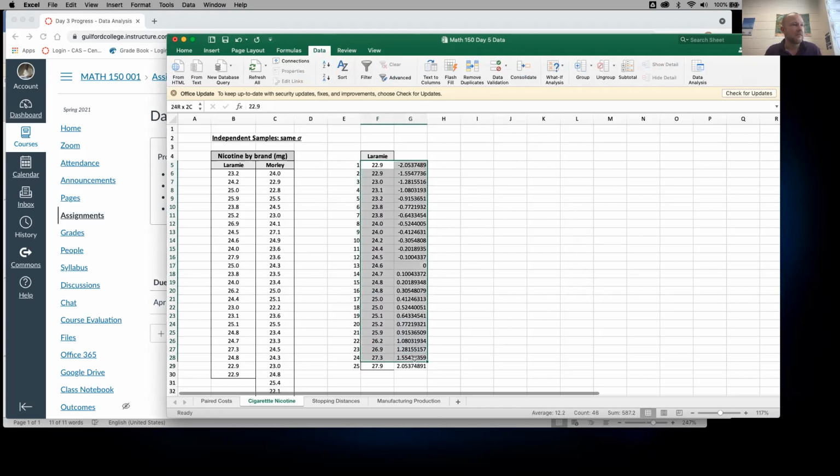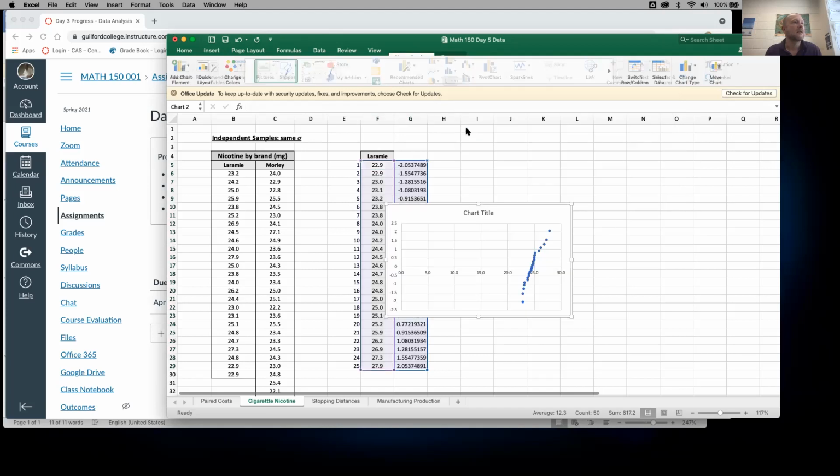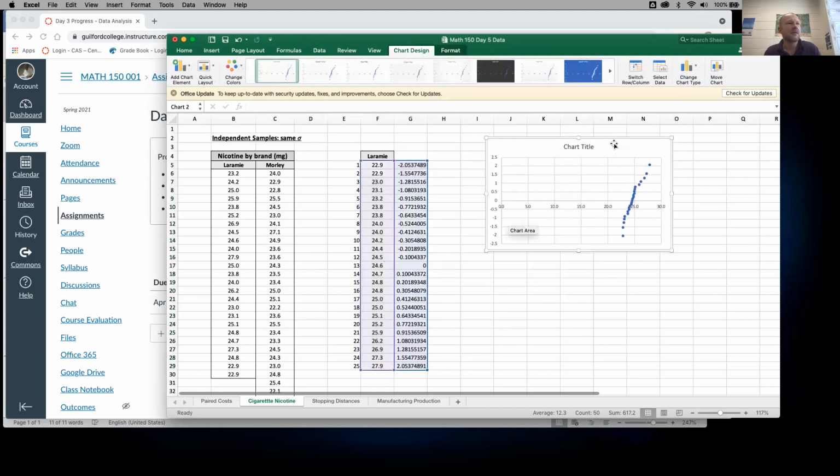Now when I highlight them and tell it to insert the scatter plot, it looks pretty much like a line, but it's a really close to vertical line.